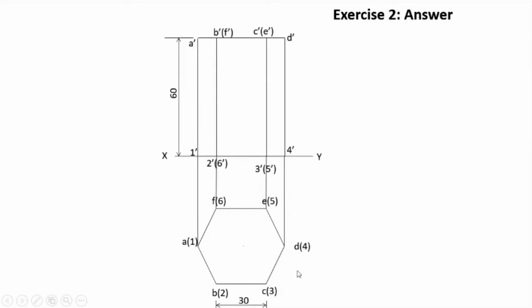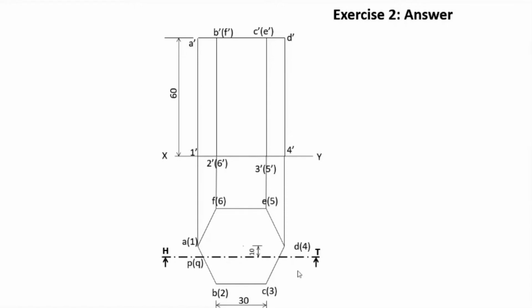So from there, at a distance of 10 mm below the axis, you draw the section plane, and the arrows are given in the upward direction. This one is the HT, because this plane is perpendicular to the horizontal plane. The line of intersection of the horizontal plane with this section plane is the HT, the horizontal trace. So this HT is a straight line here, and that is drawn.